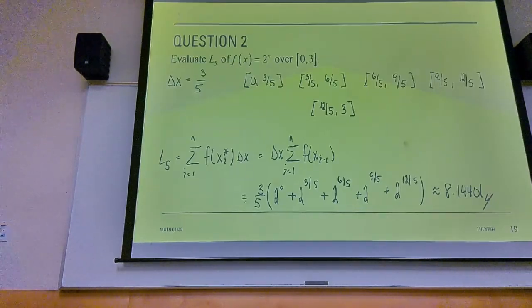You'll determine how to find how many subintervals for desired accuracy in numerical analysis. In Calc 2, you'll learn how to code to do this. I guess it depends on who you have.